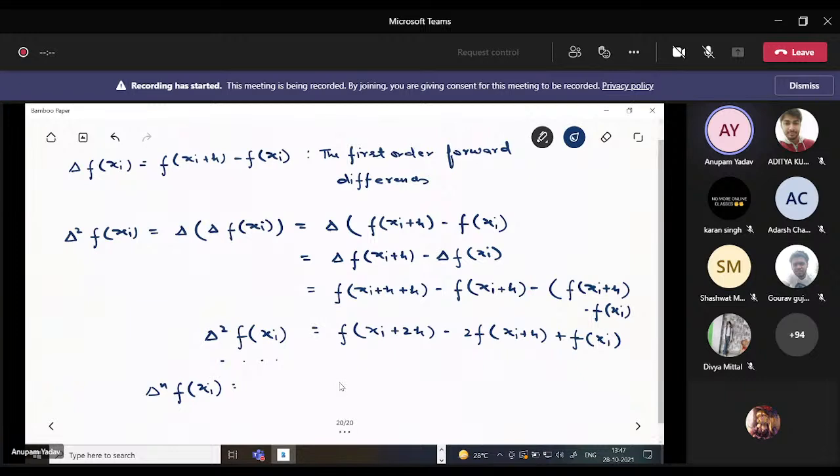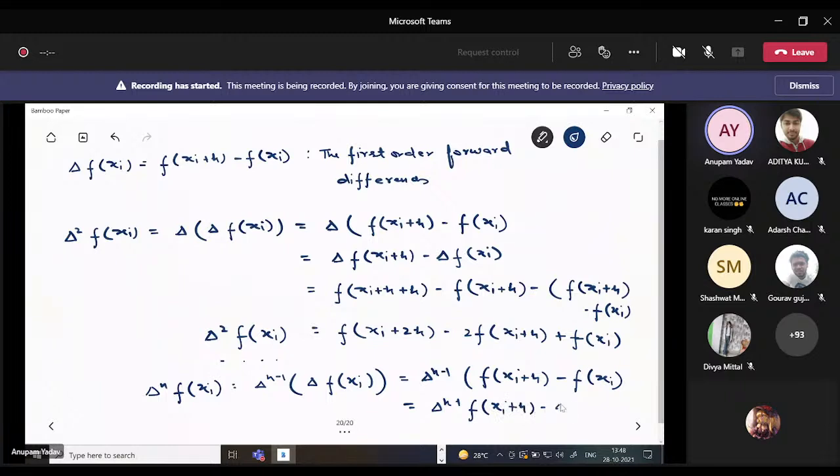Delta n of f of xi is delta n minus 1 f of xi plus h minus delta n minus 1 f of xi.